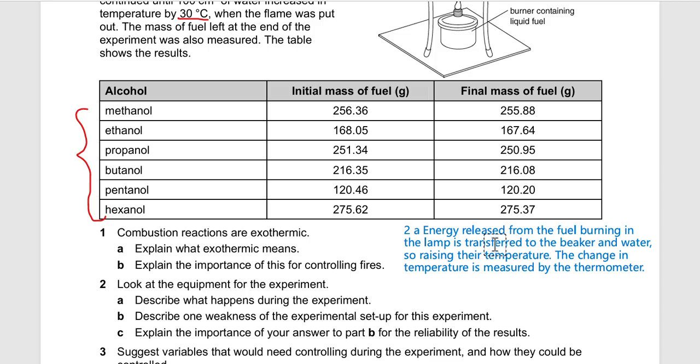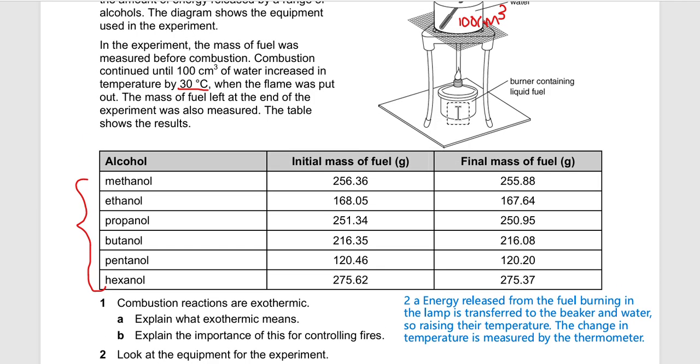Energy is released from the fuel burning in the lamp, right? And this energy is transferred to the beaker and the water, and it raises the temperature there, and the change in temperature is measured using a thermometer. This is what's happening. So I have written it here as the answer to A.